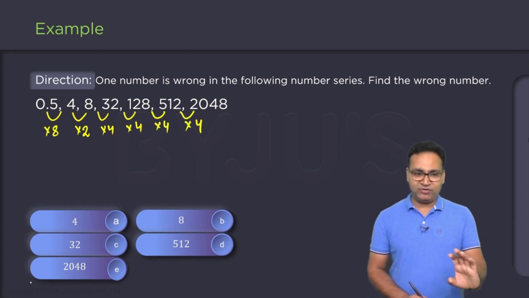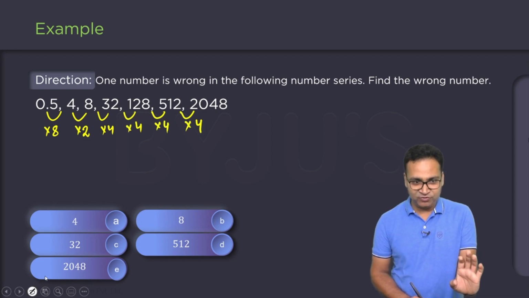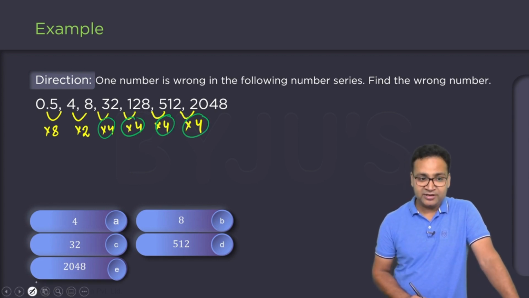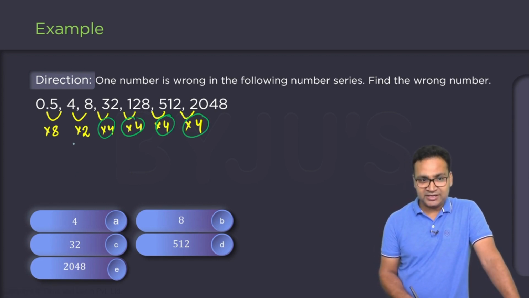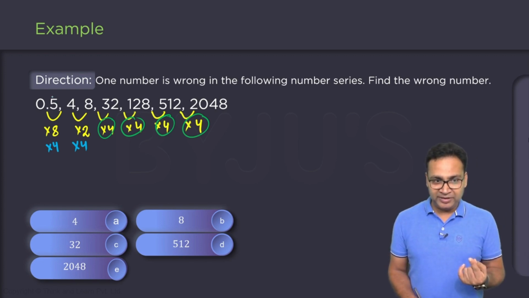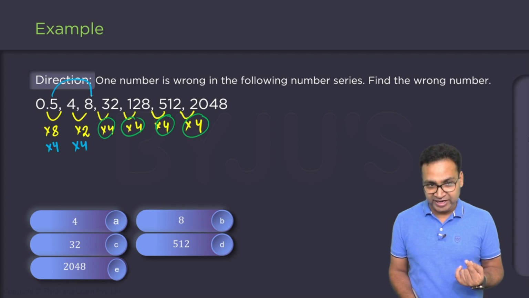So except the first two, the rest are all maintaining a trend of into 4. What does it mean? The remaining has to be into 4, into 4. Now let's see whether my trend is right or not. The total multiplication from 0.5 to 8 is 16.